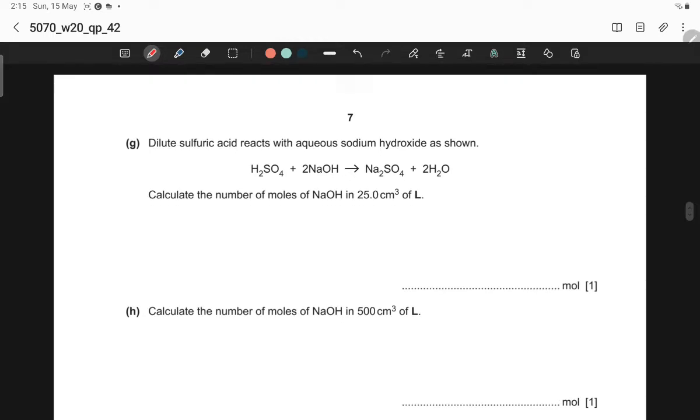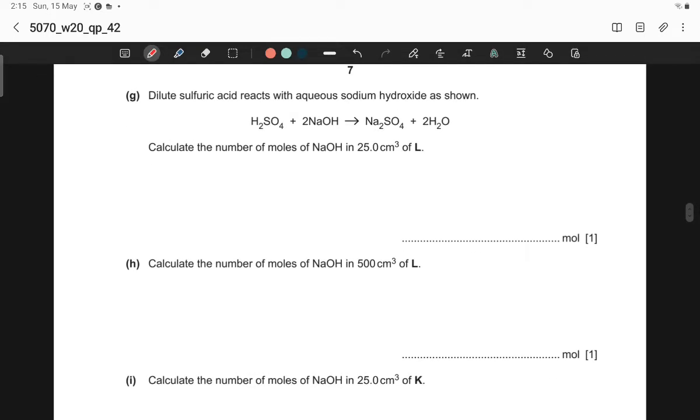Question number 7, G part. Dilute sulfuric acid reacts with aqueous sodium hydroxide as shown: sulfuric acid plus sodium hydroxide gives Na2SO4 plus 2H2O.